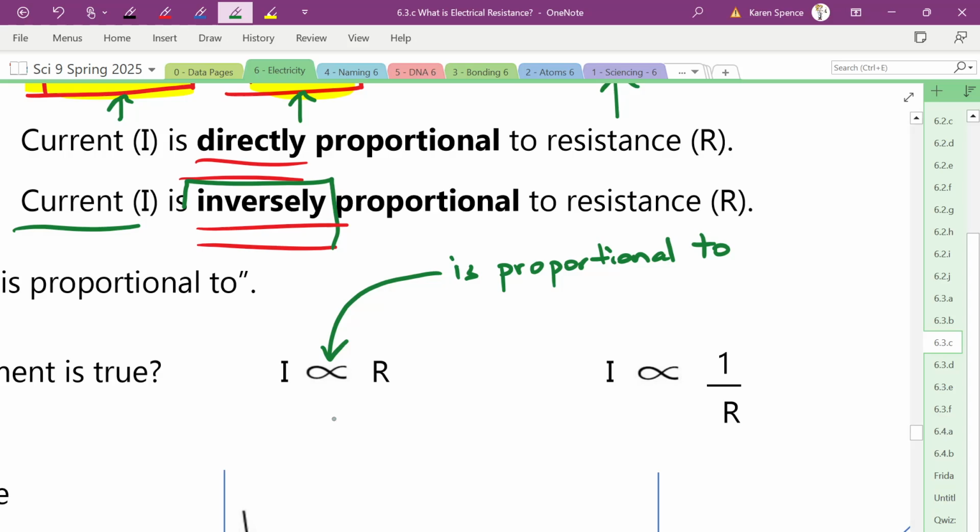Is I proportional to R, which means as R increases, I also increases? Or is I proportional to 1 over R, which means as R increases, I decreases?